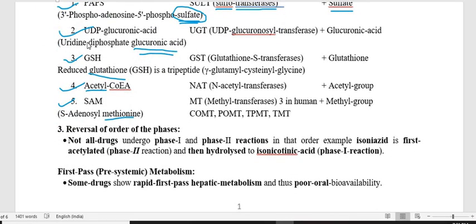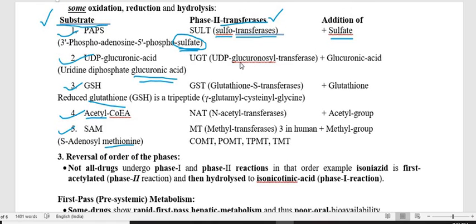Another one is glucuronic acid. The name of the substrate is UDP glucuronic acid, that is uridine diphosphate glucuronic acid, and the name of the enzyme also matches the substrate. The name of the enzyme is glucuronosyl transferase, indicating the glucuronic acid.